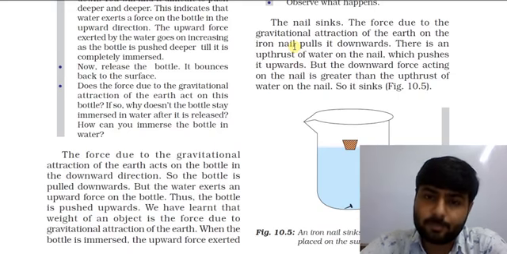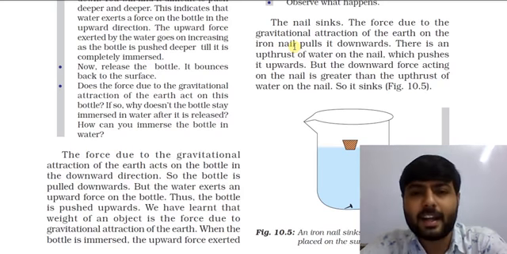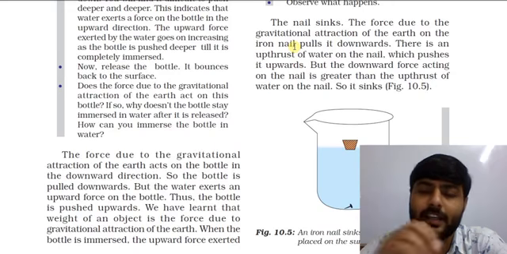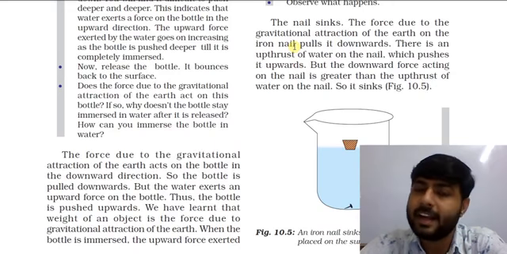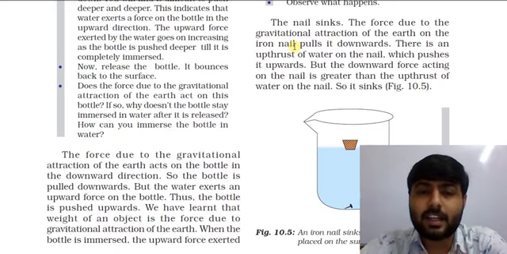For its reason, we saw that there is an upthrust and a gravitational force in the case of both cork and nail. But for the nail, the upthrust is less than the gravitational force.